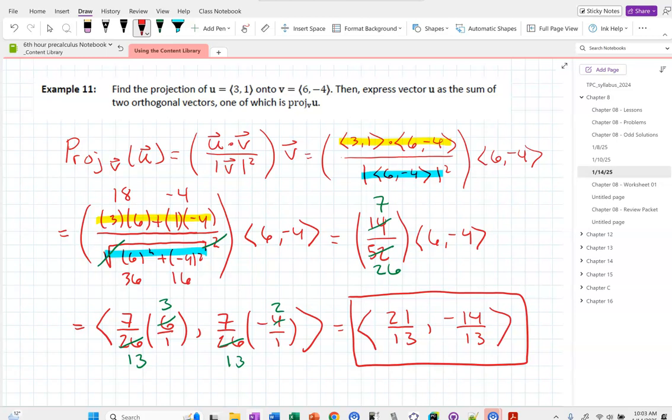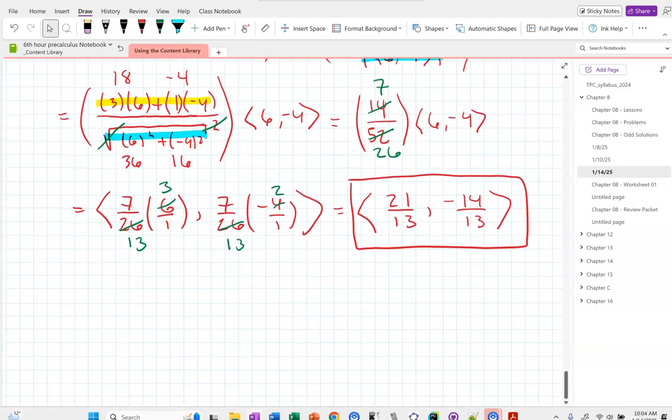Now the arithmetic was kind of stinky there, but again, it's just combinations of these sub-skills that we looked at in sections 1 and 2, like doing a magnitude, doing a dot product, and then it's just arithmetic along the way. It was kind of gross arithmetic, but we can handle multiplying fractions together. We may not like it, but we can do it.